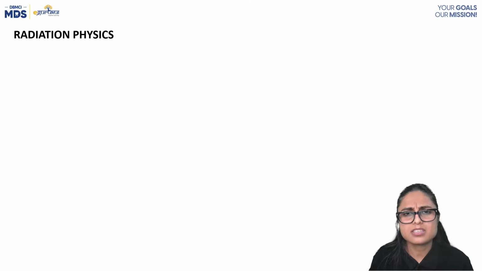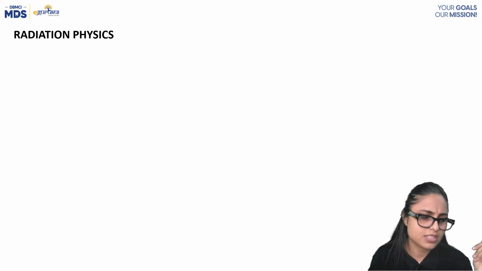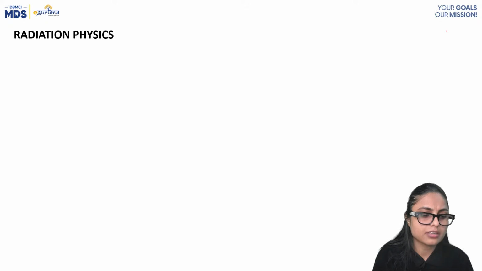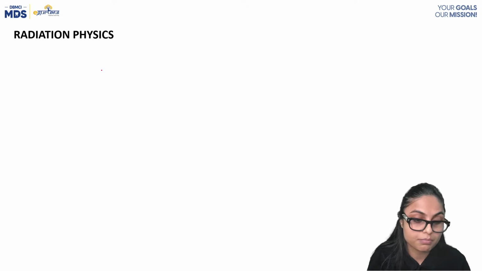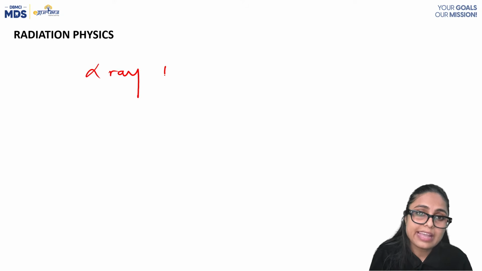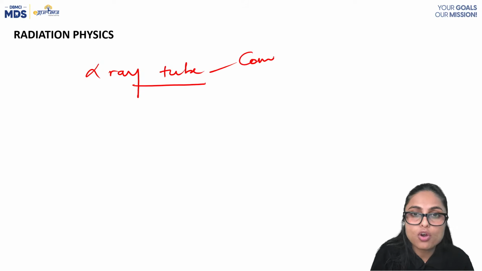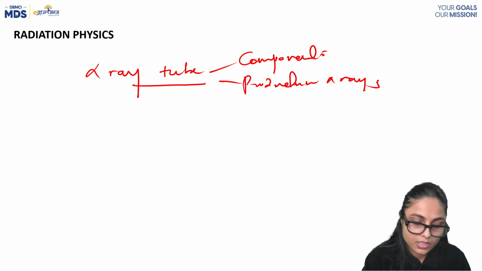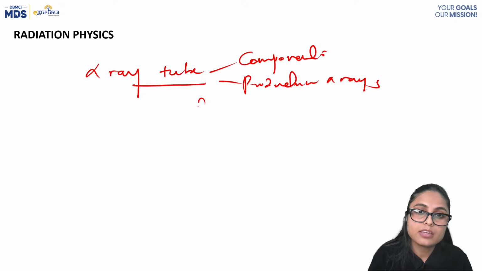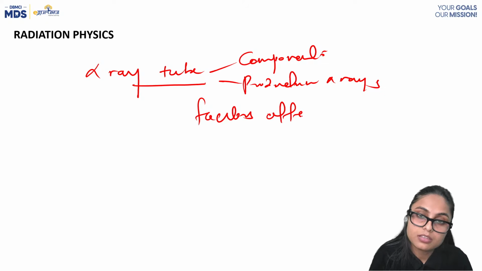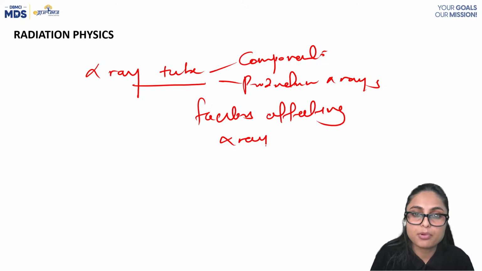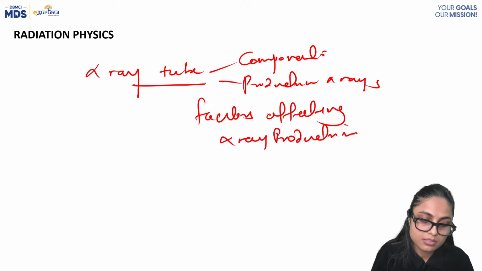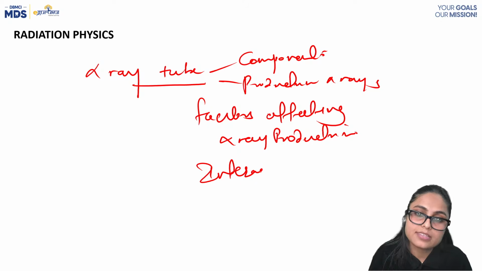Next, radiation physics. Somebody had asked about this. So I'll tell you the important topics that you need to study from the radiation physics chapter: the X-ray tube and its components, the production of X-rays, the factors affecting X-ray production, and the interaction of X-rays with matter.